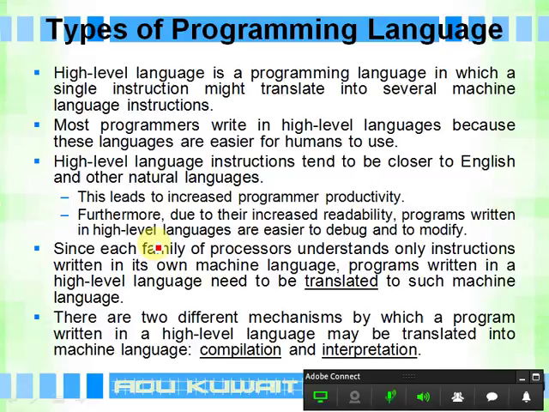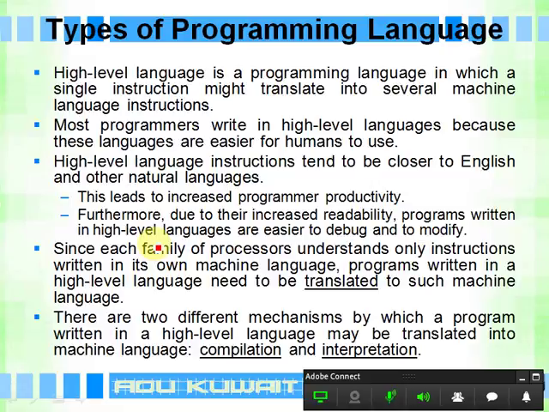Because it is in English language, we can understand the things, the syntax, the rules, and we can easily find the errors. Again, programs written in these languages need to be translated into machine language, right?